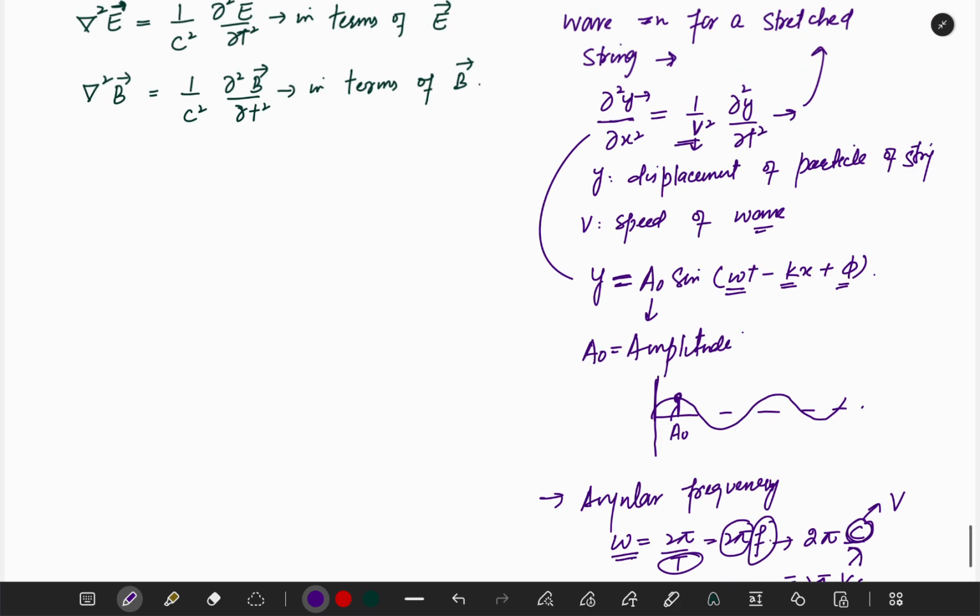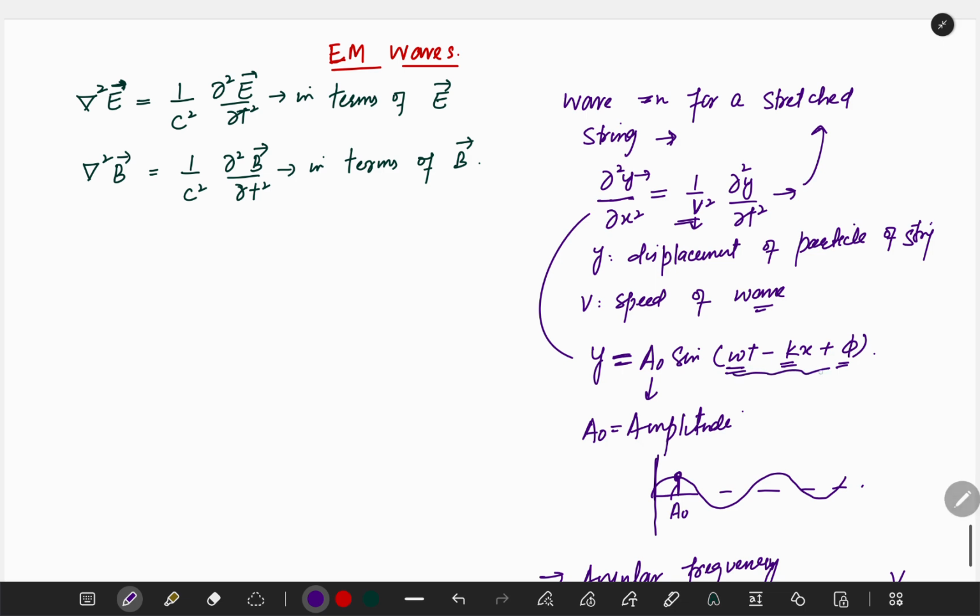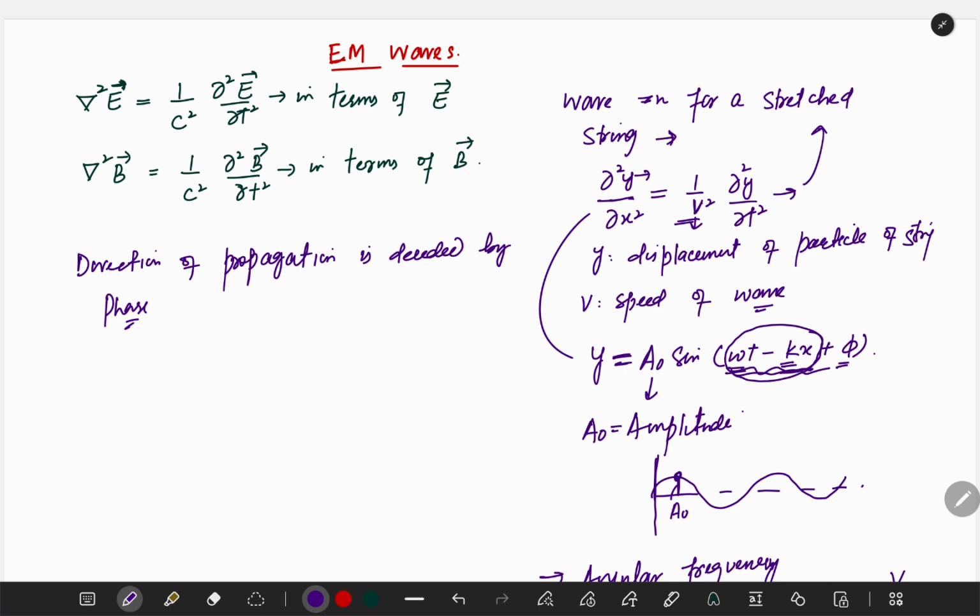The direction of propagation is decided by the phase. This kx minus omega t is the phase, and it will decide the direction of propagation.